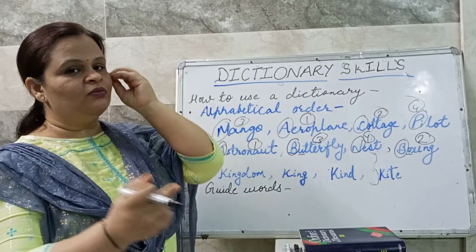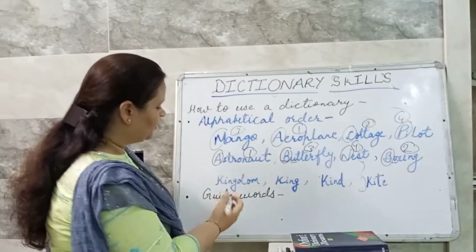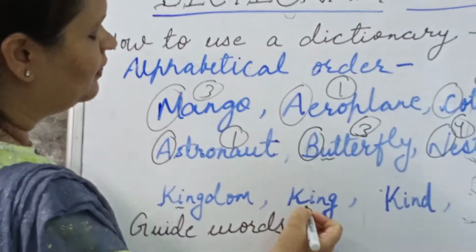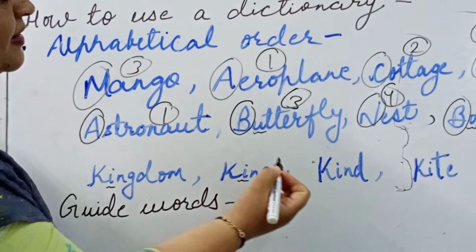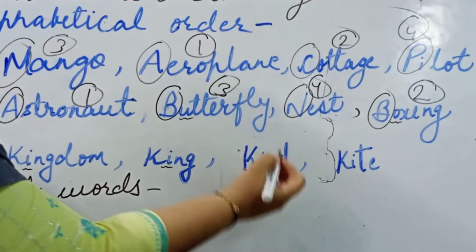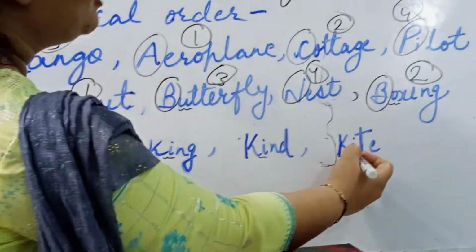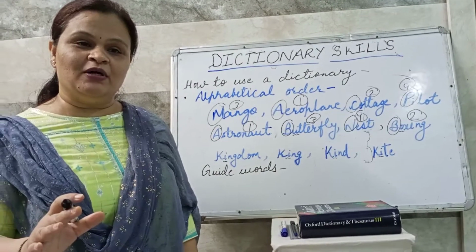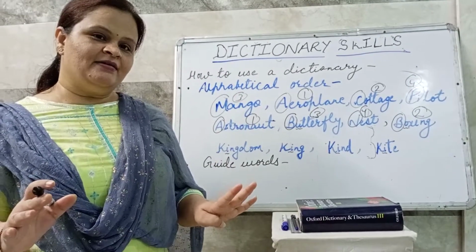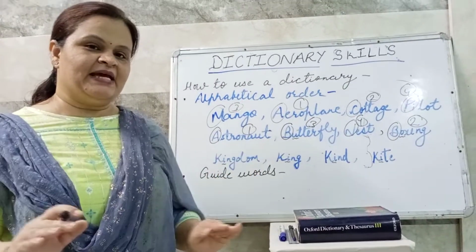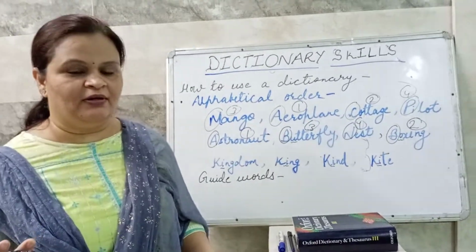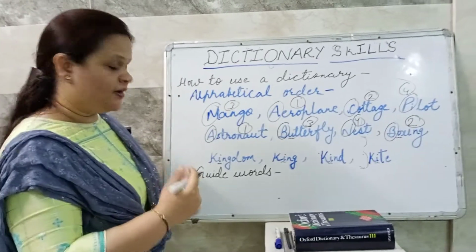Now see the second letter. In kingdom the second letter is I. In king also I. In kind also I. And in kite also the second letter is I. It means in all the four words the first letter is the same and the second letter also the same. Now what to do? Move on. See the third letter.